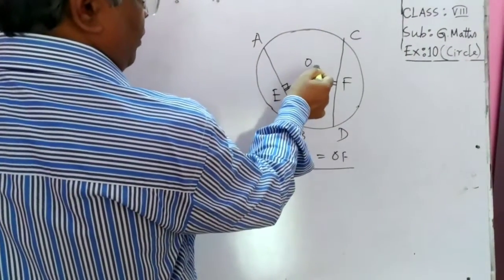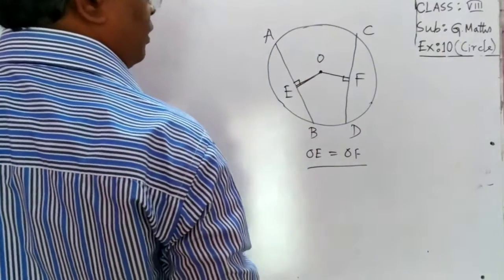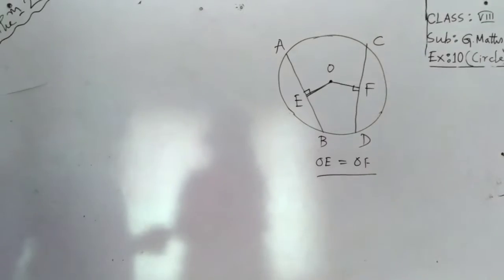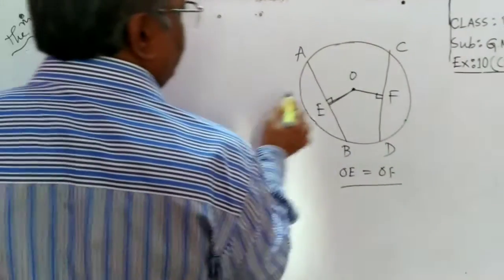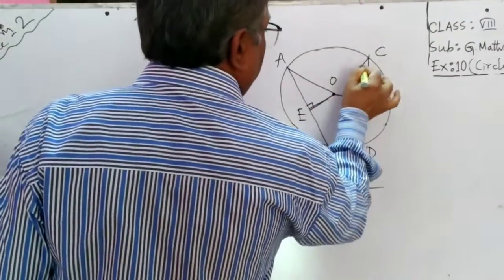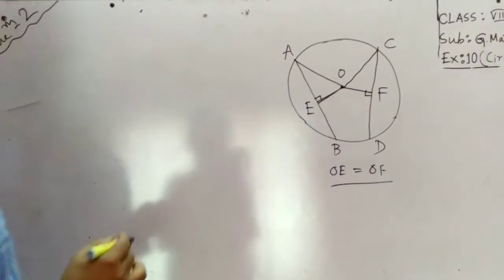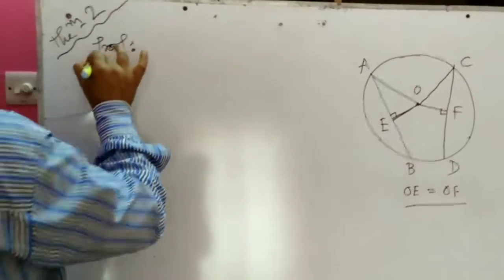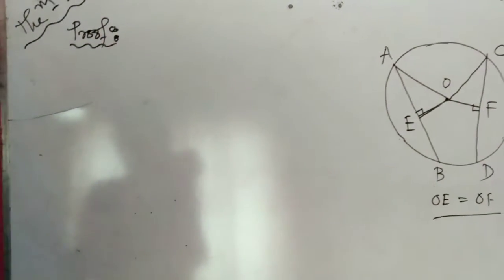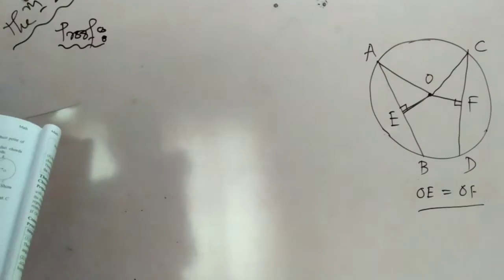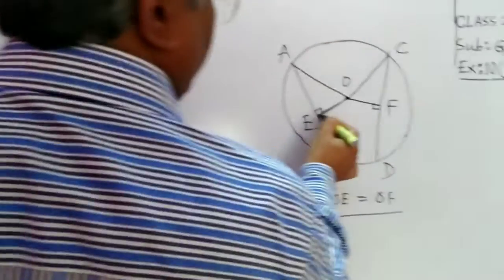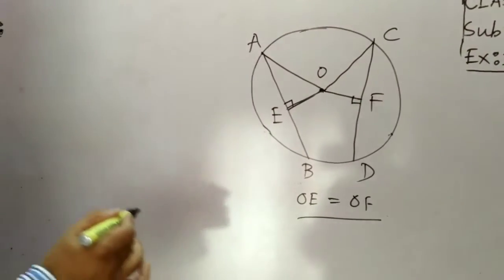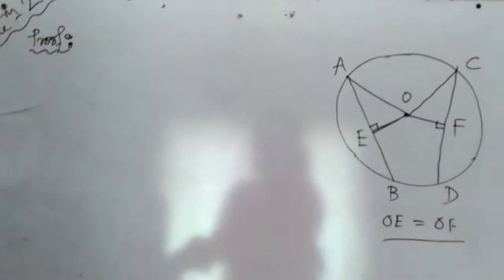Draw perpendiculars OE and OF from the center on AB and CD respectively. Join OA and OC. Proof. Here the construction is to draw perpendiculars OE and OF and join OA and OC. This is the construction. Now the proof.